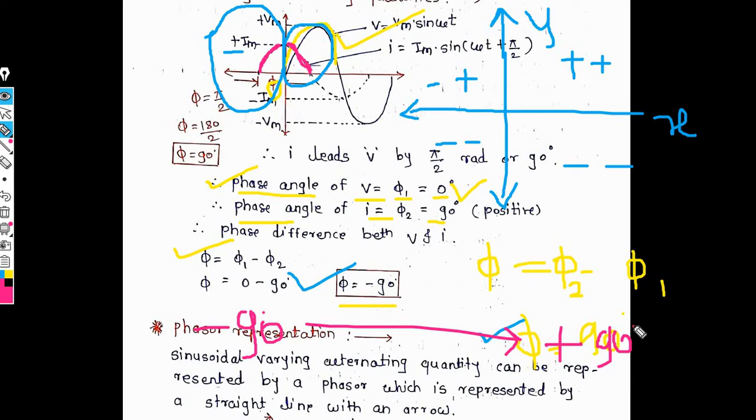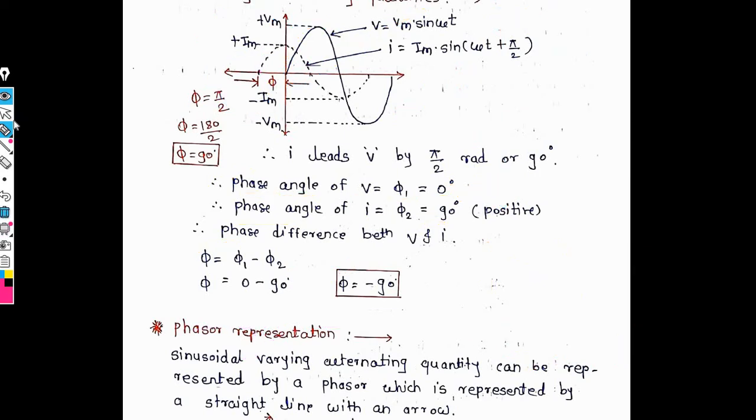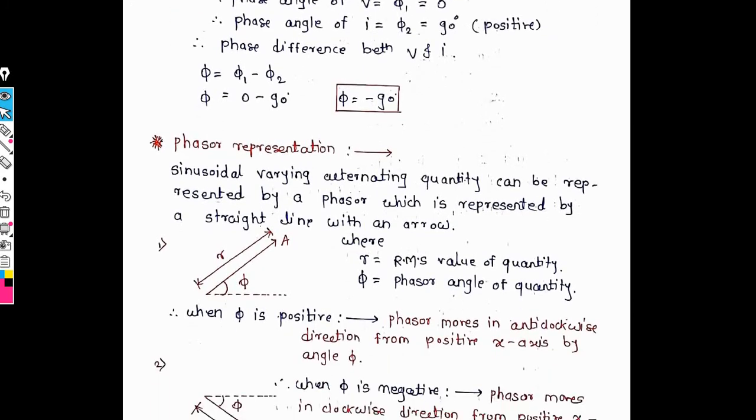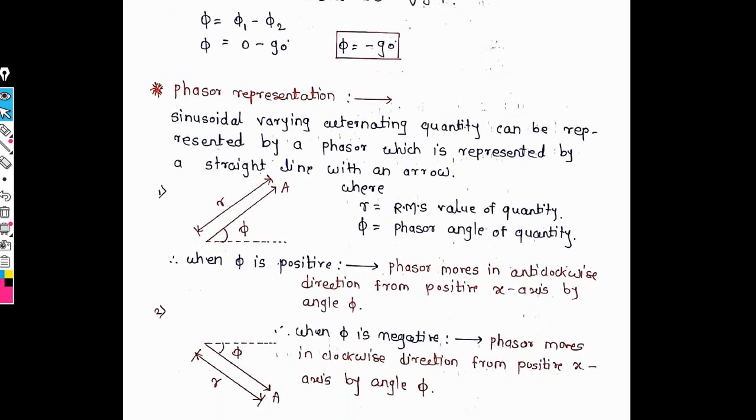Then the next concept is phasor representation. In which we need phasor representation. This is also applicable for different quantities. Then what is the concept of phasor representation? That is called a phasor diagram.